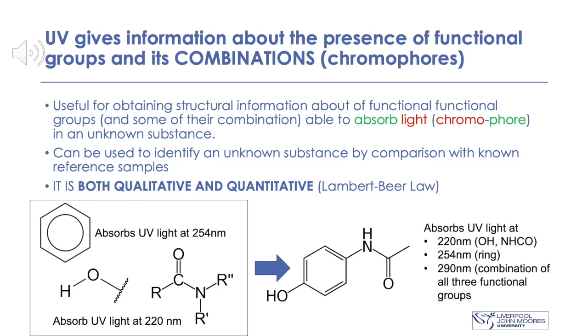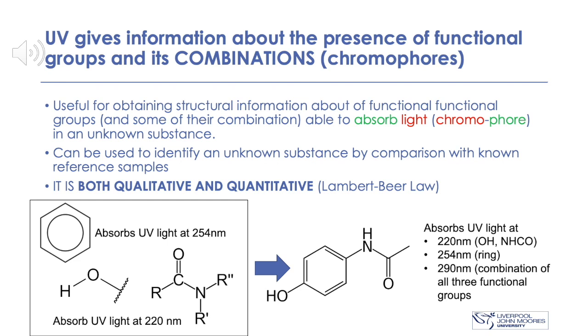Unknown substances can be identified, like we did in IR, by comparing the spectra with known reference samples. In UV, we have the advantage that this technique is not only qualitative but can also be made quantitative by using the Lambert-Beer law, and we will have a look at some examples in the next session.